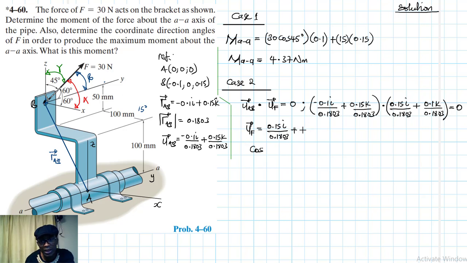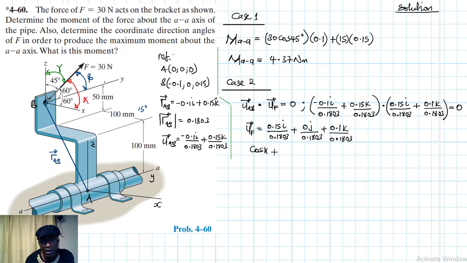So I will have plus 0 J divided by 0.1803, then plus 0.1 K. We need that when it comes to the directions, divided by 0.1803.